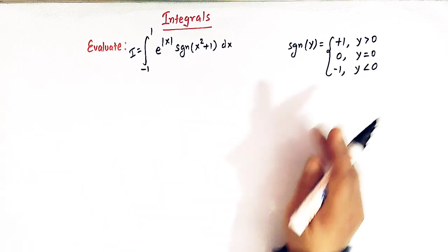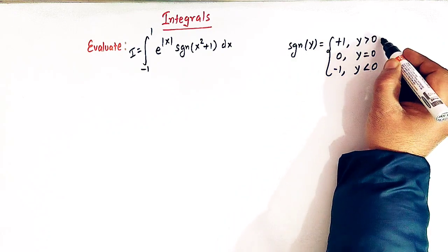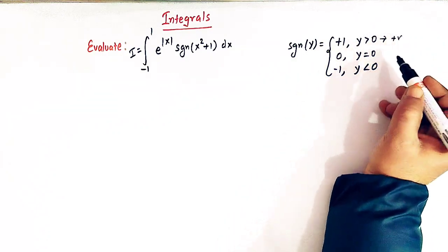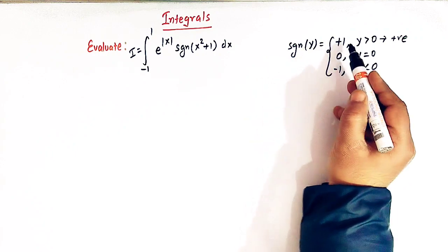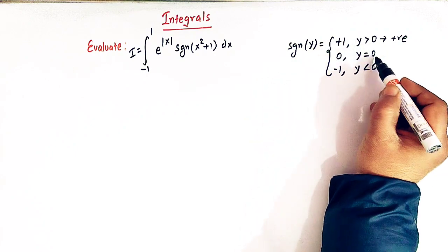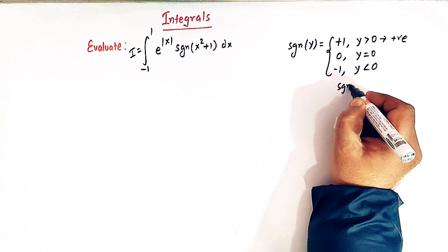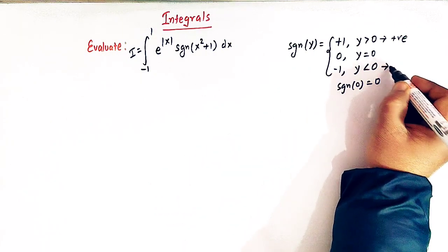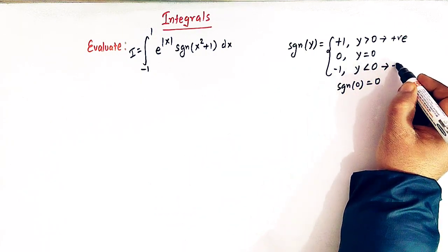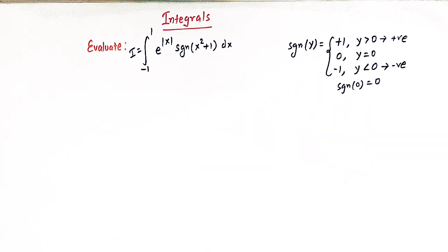So for all positive y, signum of y is 1, and for y equal to 0, signum of y is 0. It means signum of 0 is equal to 0, and for all negative values of y, signum of y is negative 1.